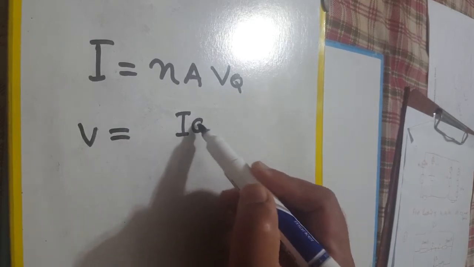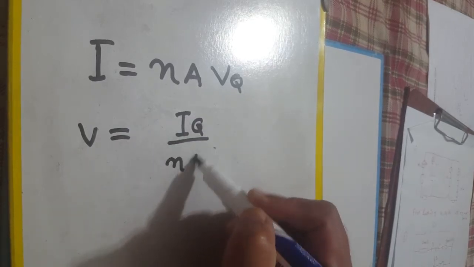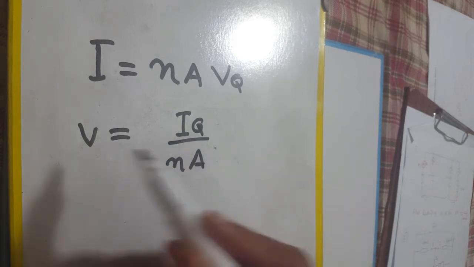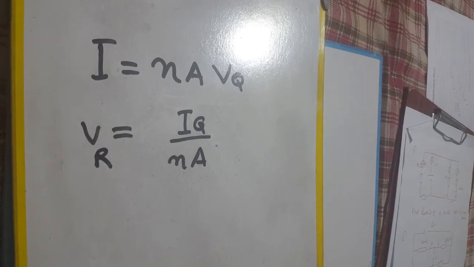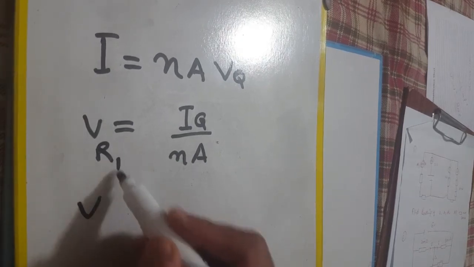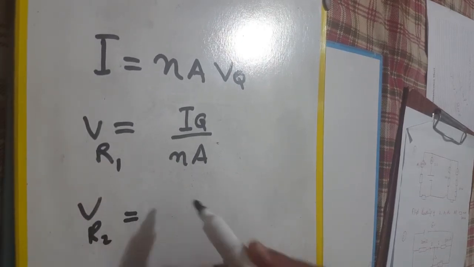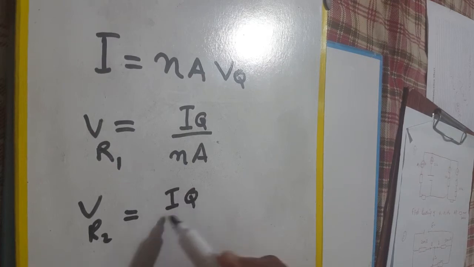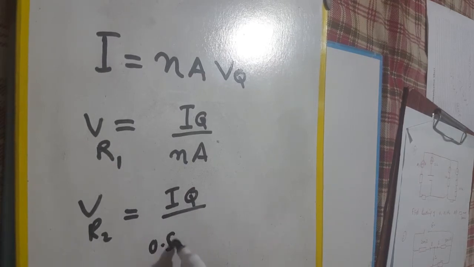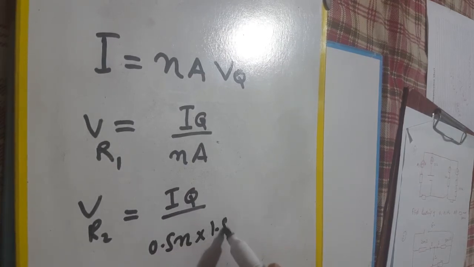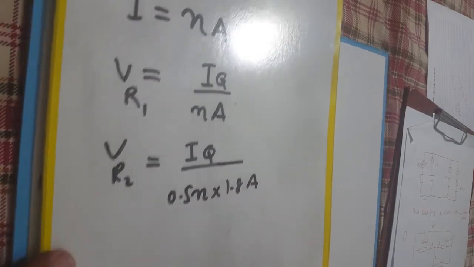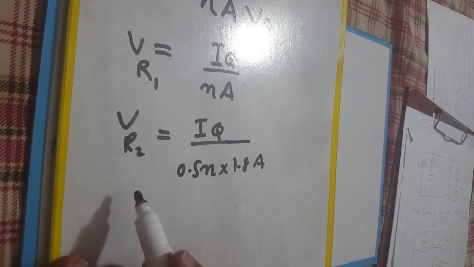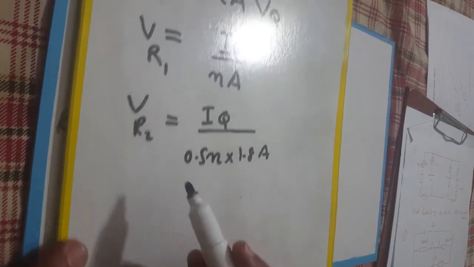So V is equal to I Q over N A. Drift velocity for R1 and drift velocity for R2. I Q is the same. This is 0.5 N into 1.8 A. So the drift velocity for R1 and R2, that is the ratio required.